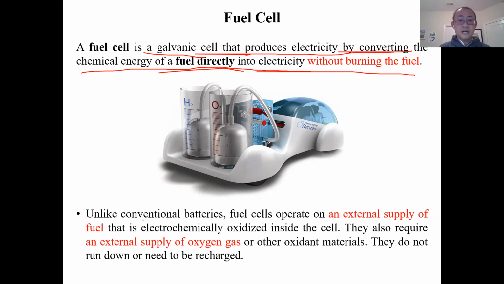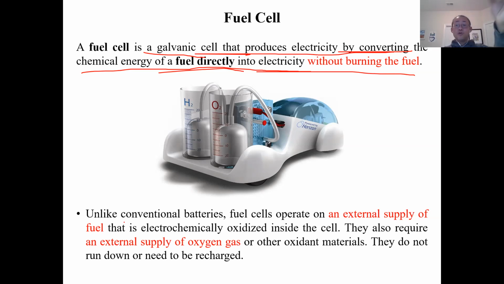Now, unlike conventional batteries, like we said earlier, fuel cells operate on an external supply of fuel. That means the fuel is not put into the battery initially. It keeps getting fed into the battery.